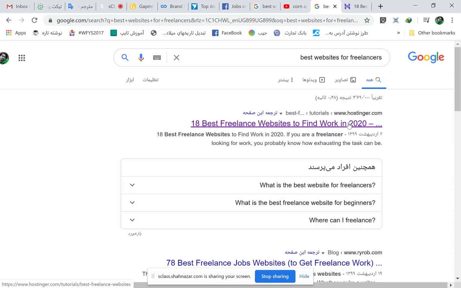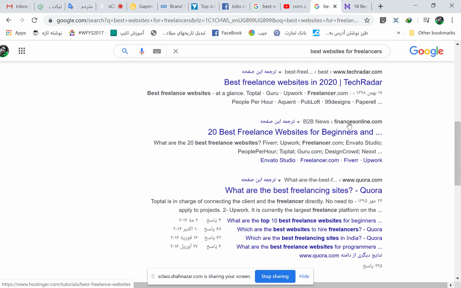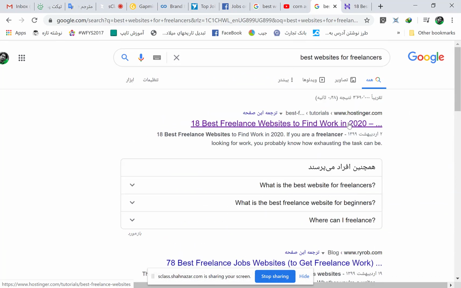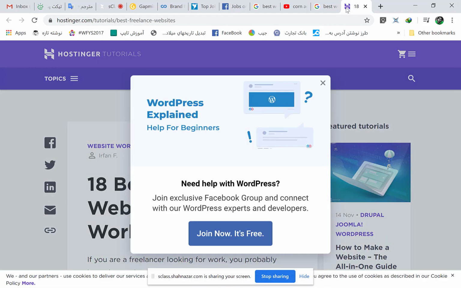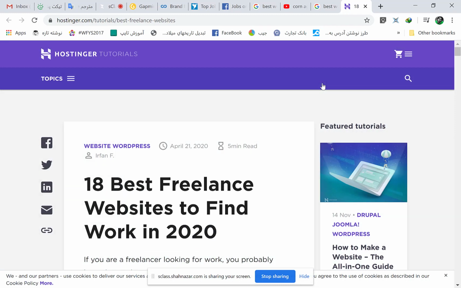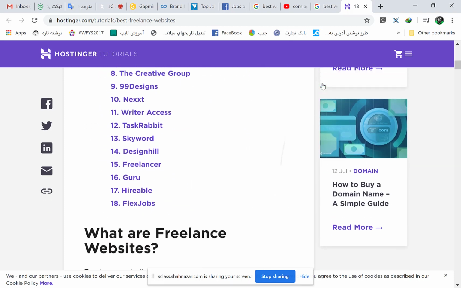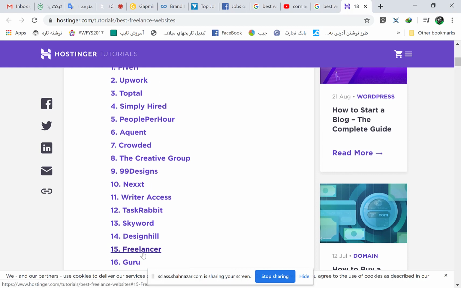Okay, you just need to search inside this kind of websites, and you will find, for example, here you can see many websites. One of them is freelancer, and you can find many other websites. After searching, you will find the best way for your skills and for your knowledge and to find the job.